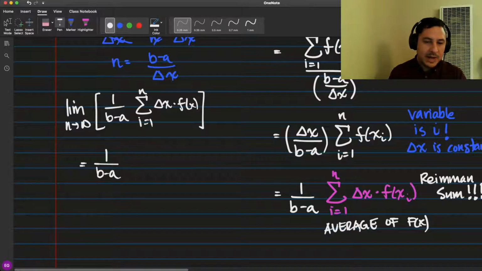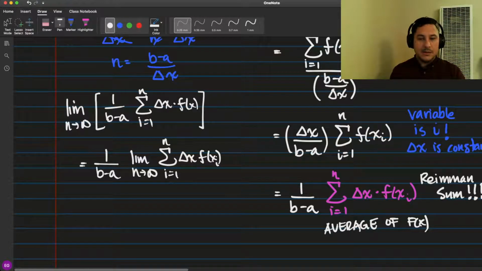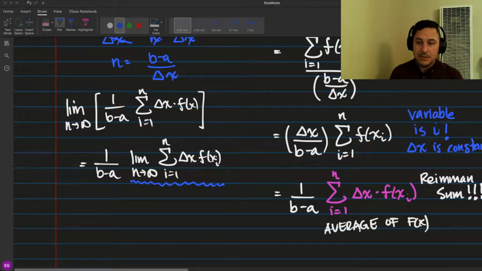So I can just move it outside of the limit, and I get the limit as n goes to infinity of sigma i equals 1 to n of delta x f of xi. And all of this, what is this by definition? Like, what can I rewrite that as?